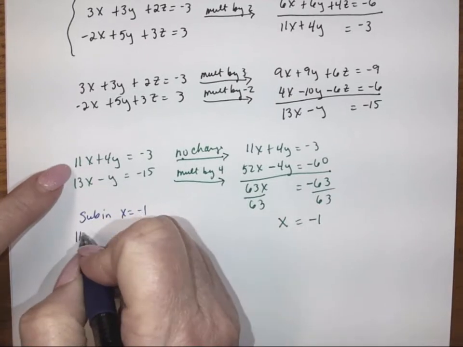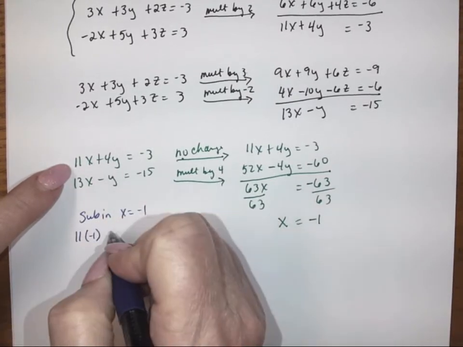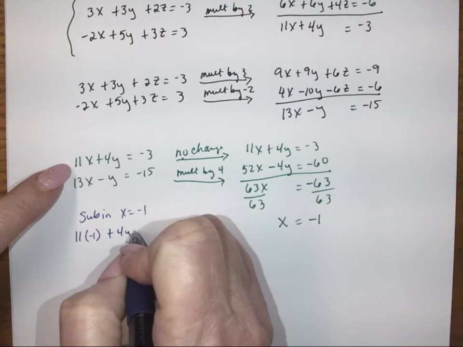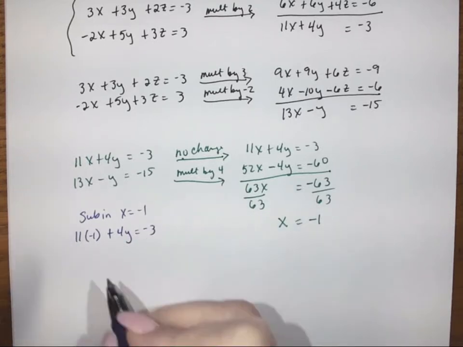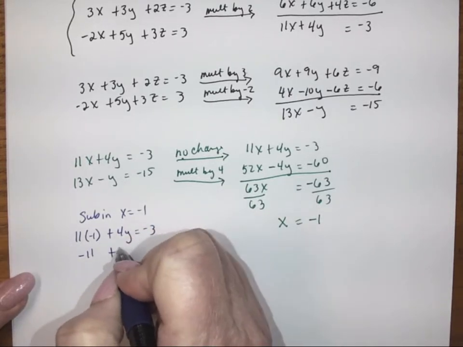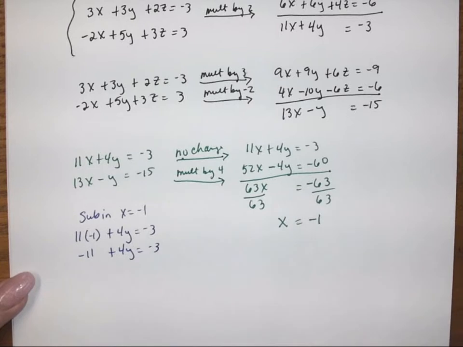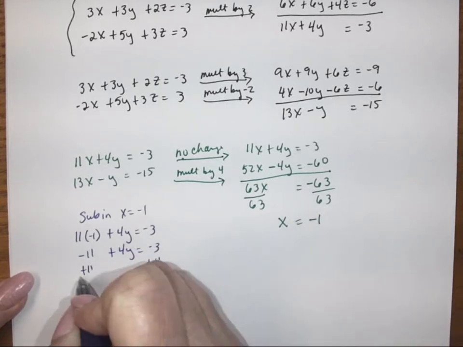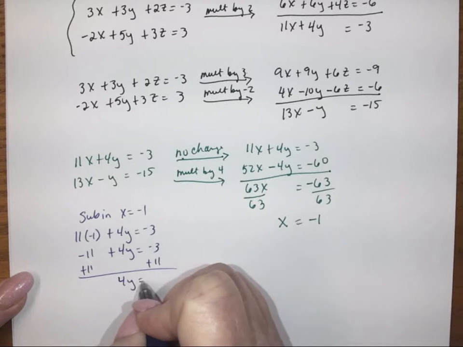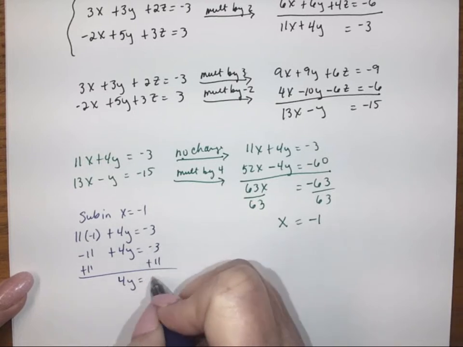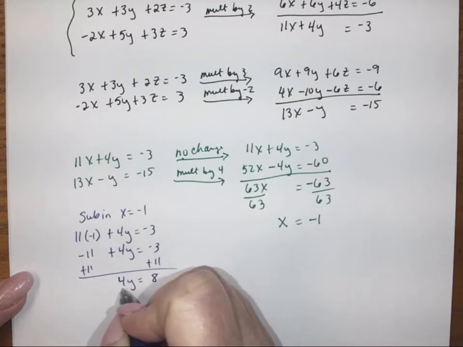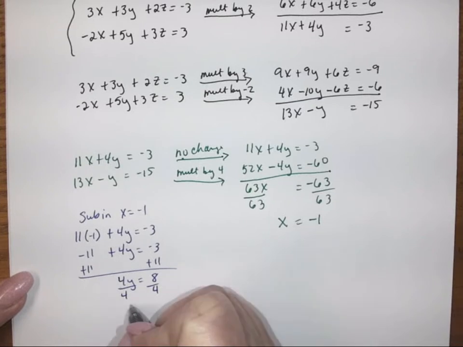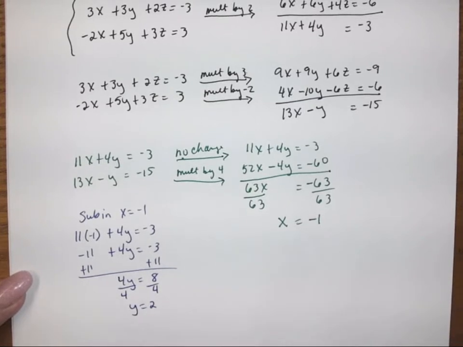So we'll have 11 times negative 1 plus 4y equals negative 3. So negative 11 plus 4y equals negative 3. We'll add the 11. We get 4y is equal to 11 minus 3 is 8. Divide by the 4, and y will be equal to 2.